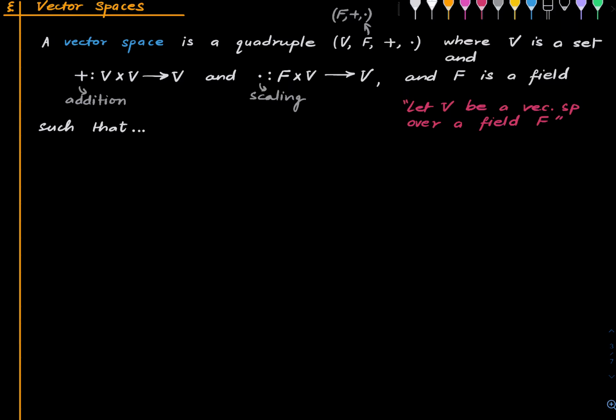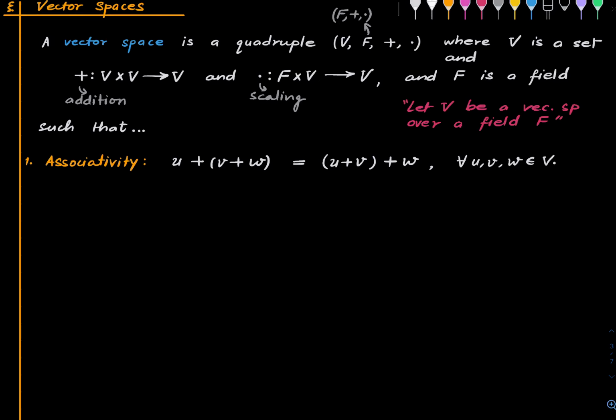All right, now we begin to describe all the properties that we demand from this quadruple before it qualifies indeed as a vector space. So the first property is associativity. Associativity says (u plus v) plus w is equal to u plus (v plus w) for all u, v, w.